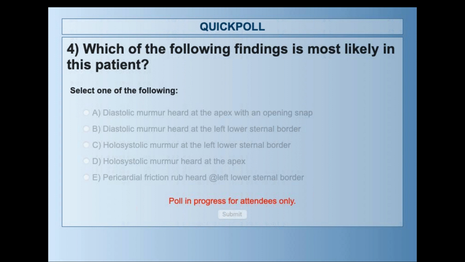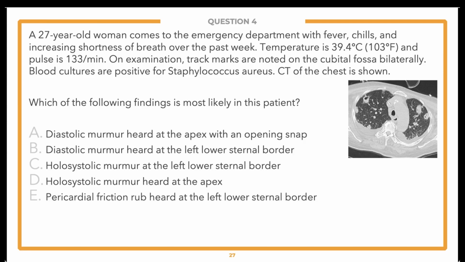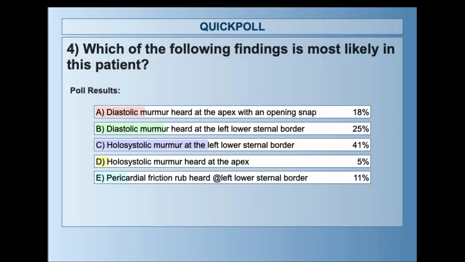Let's see. Well, we've got 2/3 of you voted. I'll give you a few more seconds, and then I'm going to close the poll. Closing in 3, 2, 1. Okay, let's close the poll. Let's share the results. Okay, so answer choice C was the leading vote getter, with answer choice B grabbing about a quarter of the votes.